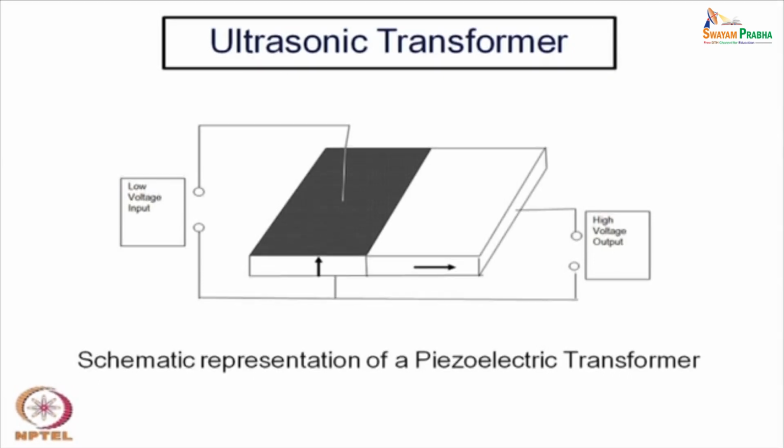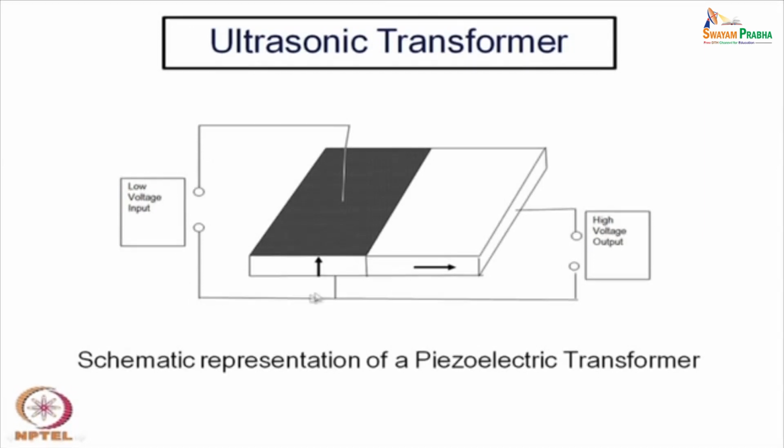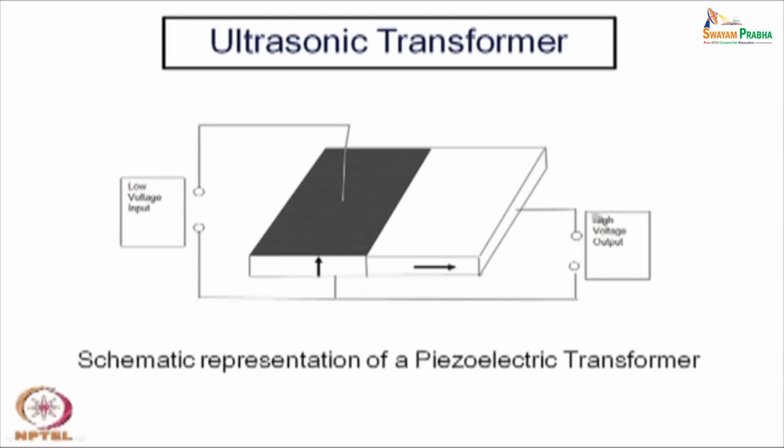Here also one has this kind of isolation. The other is of course the multiplication: low voltage can be converted into high voltage. One can see two pieces of piezoelectric material polarized in two different directions, one along the z axis and another along the x or y axis. By that process one also can get an ultrasonic transformer.